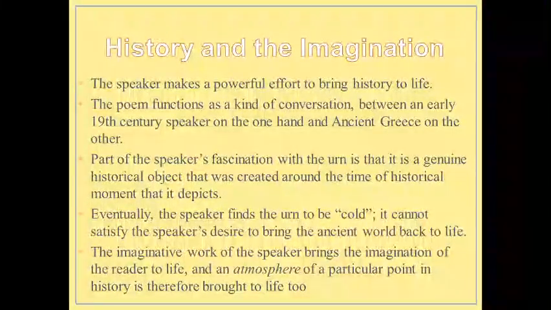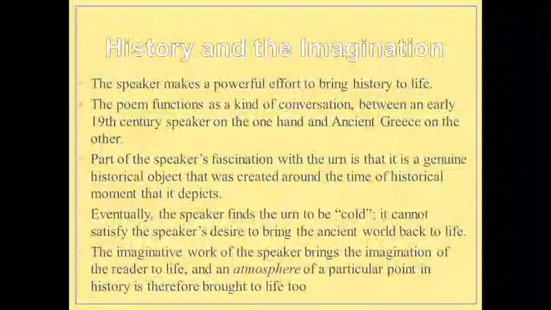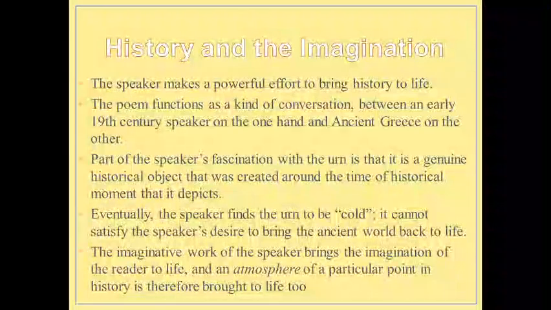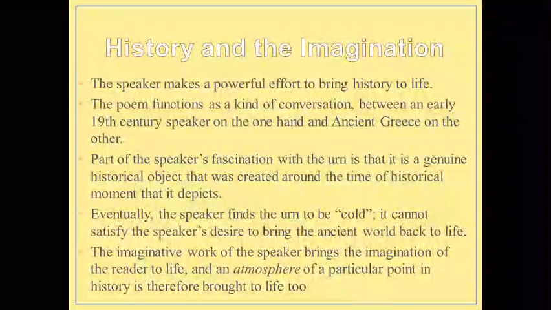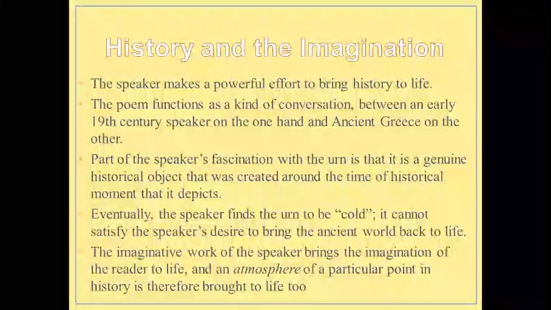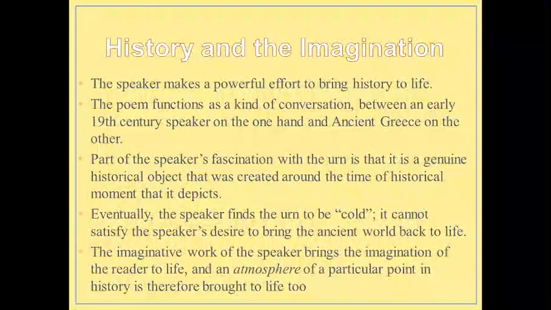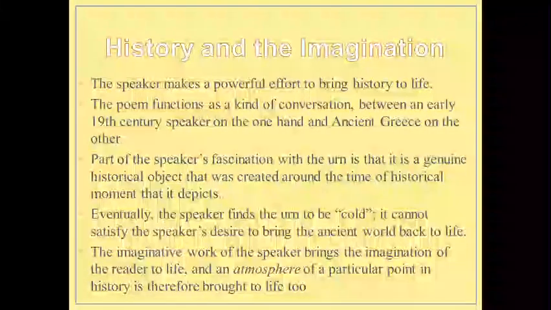In "Ode on a Grecian Urn," the speaker makes a powerful effort to bring history to life. The poem functions as a kind of conversation between an early 19th century speaker on the one hand and ancient Greece on the other. And of course, this conversation can only really happen in one direction.